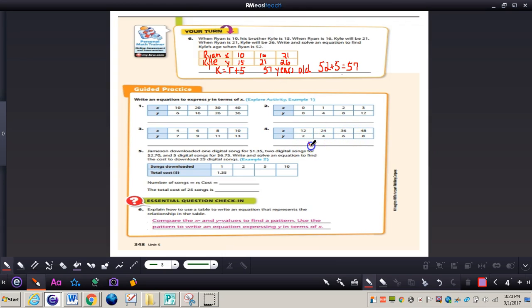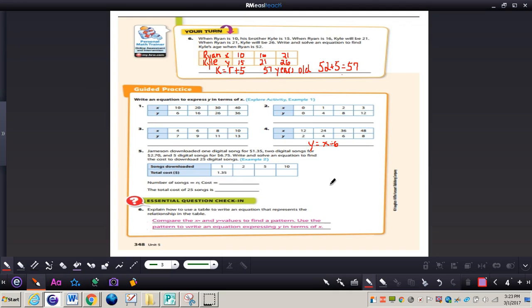So we're going to have y equals x divided by 6. In other words, we can plug in the numbers: 12, which would be x, divided by 6 would give us 2. So the equation is y equals x divided by 6. So I wanted to show you that problem in the video.